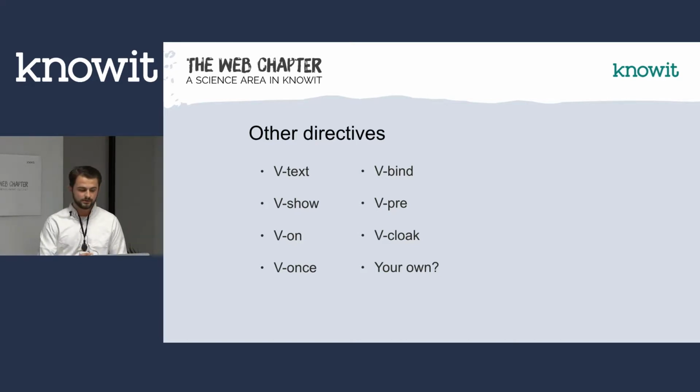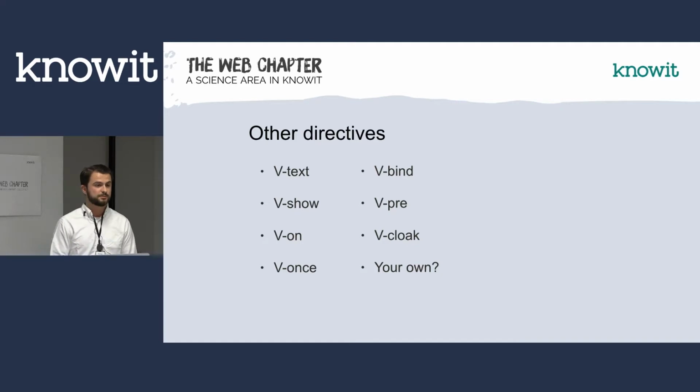So it handles that. v-pre doesn't actually do that much. It just skips compilation for a specific element and all its children, of course. And v-cloak is if you want to hide elements before the compilation of the Vue instance is done. So if you want to show something at the end of the compilation, then v-cloak is the one.